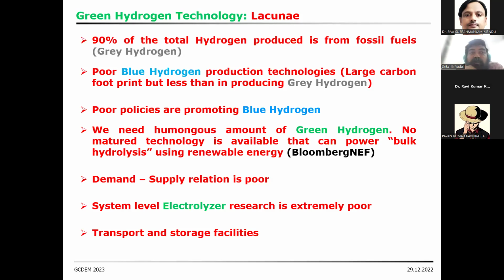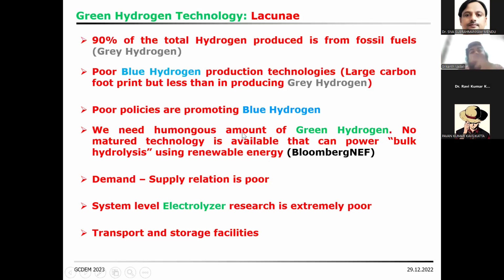How do you transport? Can we use the existing pipelines which transport fossil fuels and other oils for transporting hydrogen? Do we have storage facilities to store hydrogen? Because hydrogen embrittlement is such a big problem, a big materials science, materials engineering problem. So these are all the problems related to green hydrogen technology.